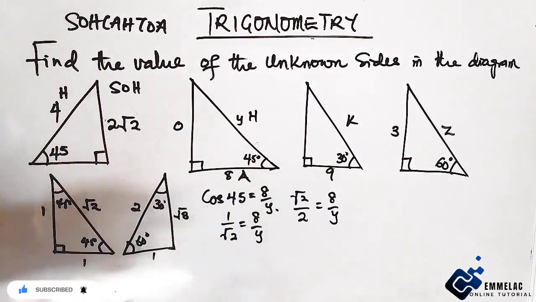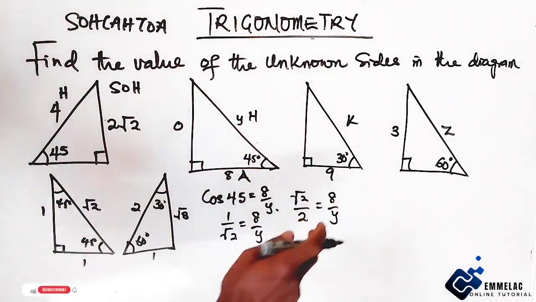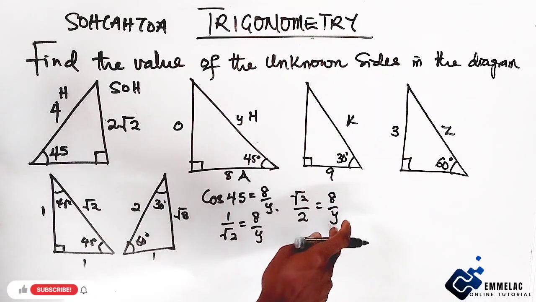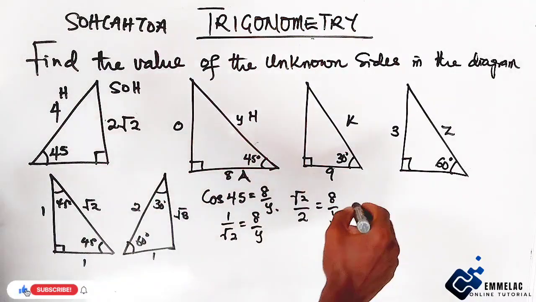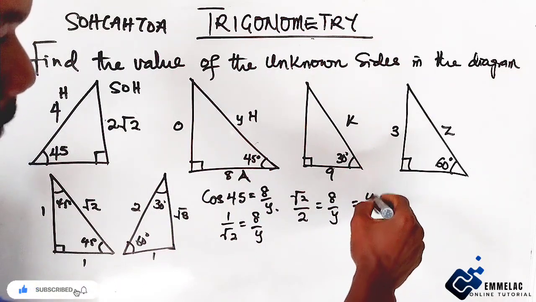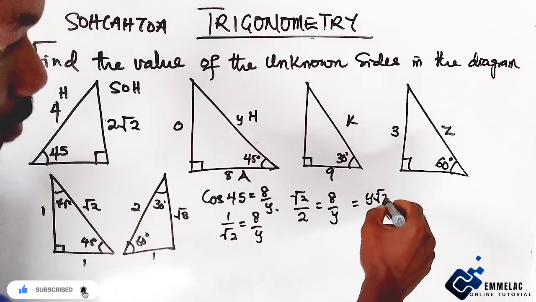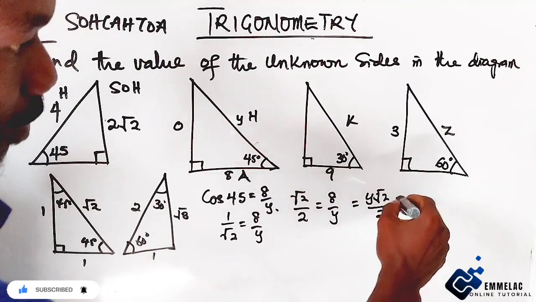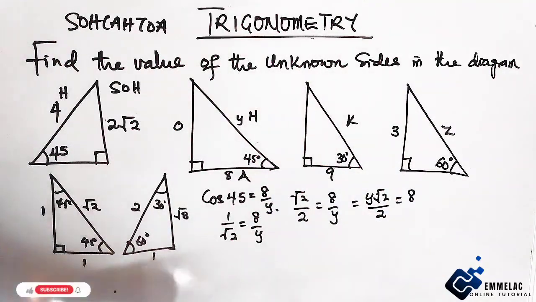Now let us multiply both sides by y to make y the subject of the formula. This will give us y root 2 over 2 equals 8.